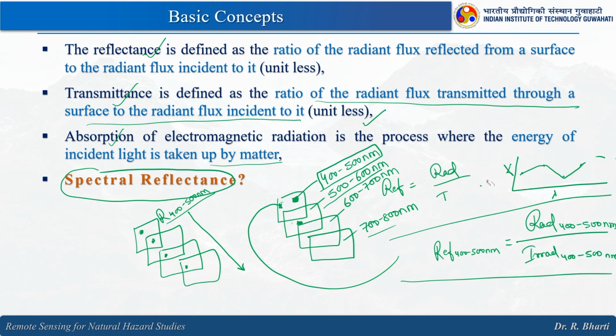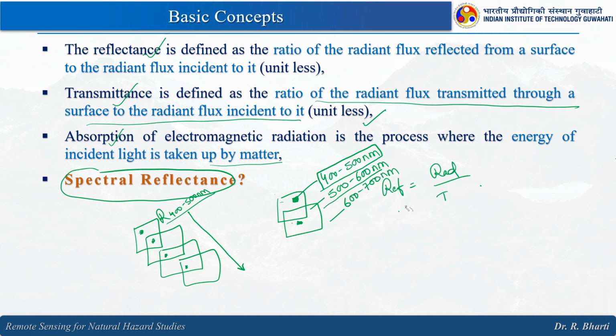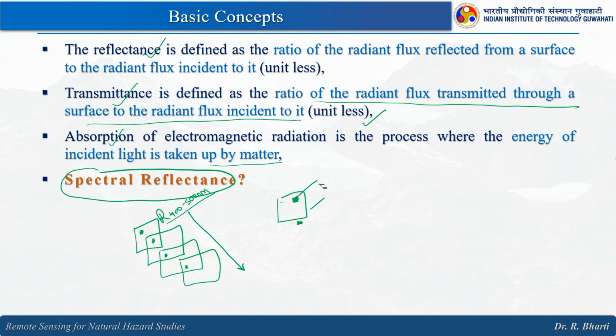Now, sometimes what happen, our remote sensing sensors are capable of generating only point information, right. So, one of the example is a spectroradiometer. So, that is capable of measuring the irradiance and radiance in different wavelengths.